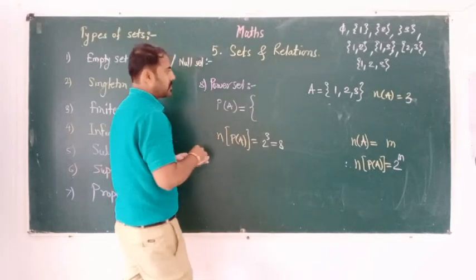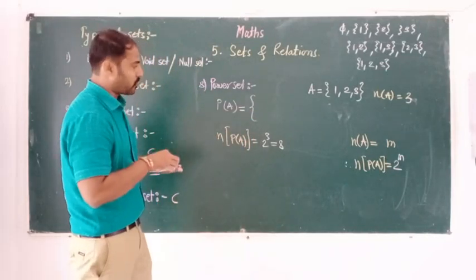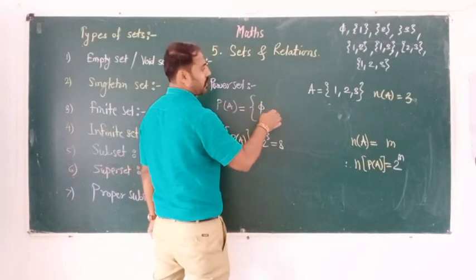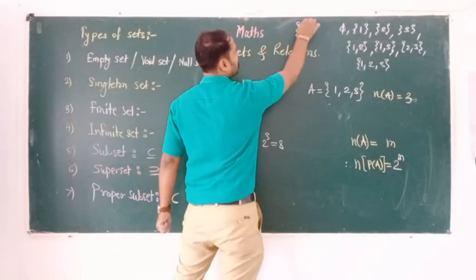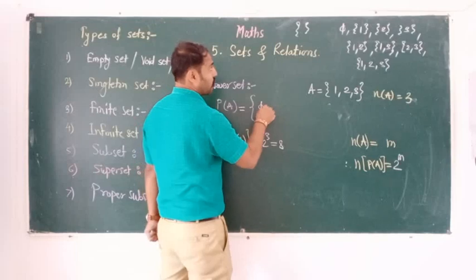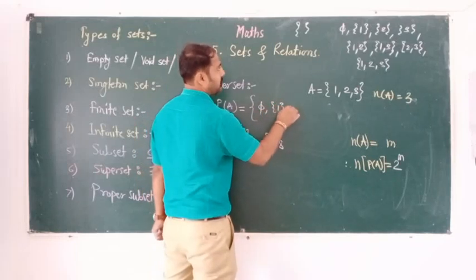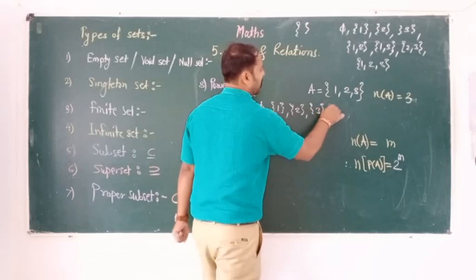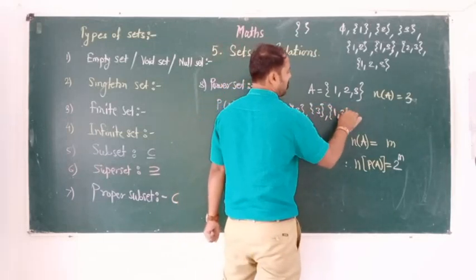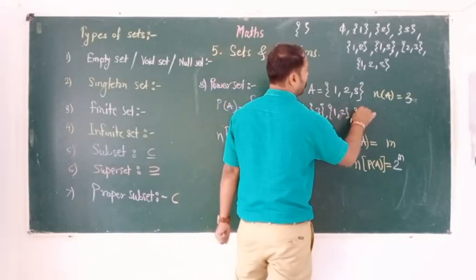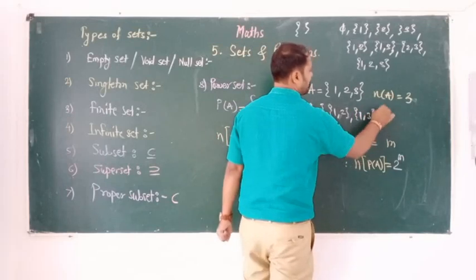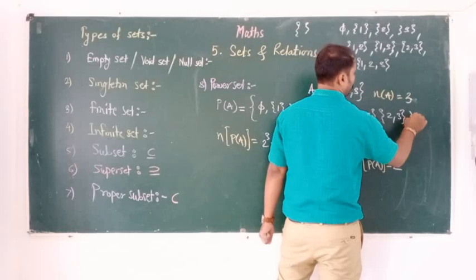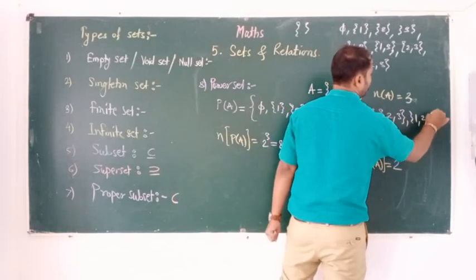So I can write power set of A is equal to, first, phi. You may denote this phi or empty set. Empty set is denoted like this. Phi, curly bracket 1, curly bracket 2, curly bracket 3, curly bracket 1 comma 2, curly bracket 1 comma 3, curly bracket 2 comma 3, curly bracket 1 2 3.